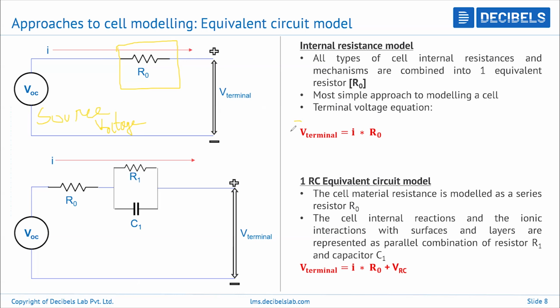Then you model the terminal voltage of the battery just like this. Using Ohm's law, V terminal is equal to I, that is the current within the cell, times R0, that is the resistance considered over here.